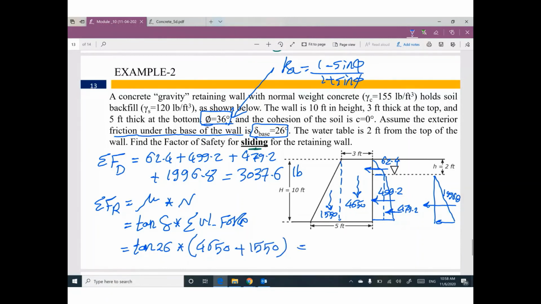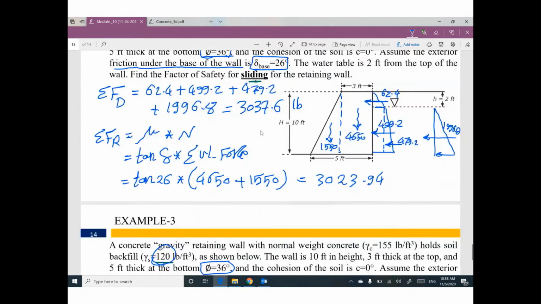So tan 26, this value will be 3,023.94. So the factor of safety equals the resisting force 3023.94 divided by the driving force 3,037.6. Oh my goodness. Divide this one, equals 0.9955, smaller than 1, unsafe.